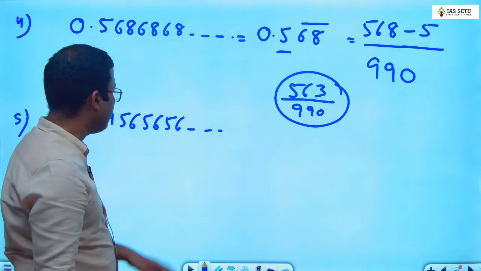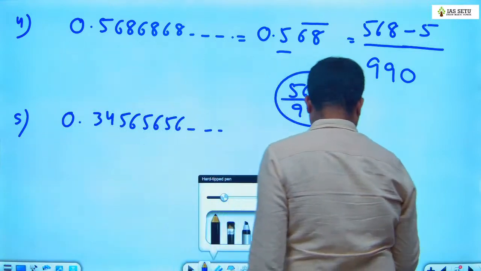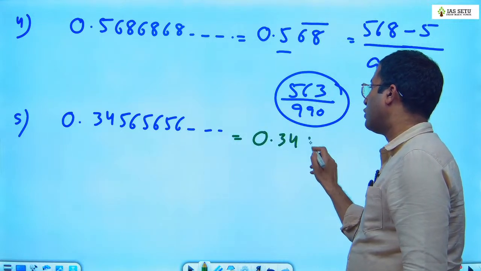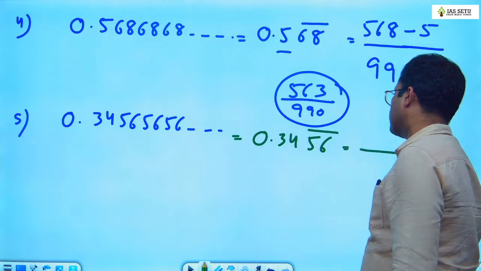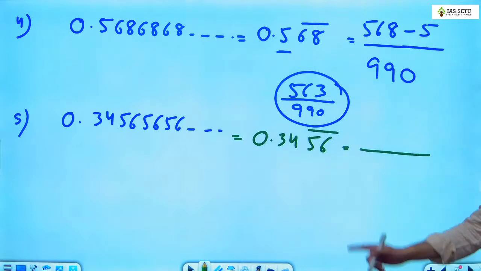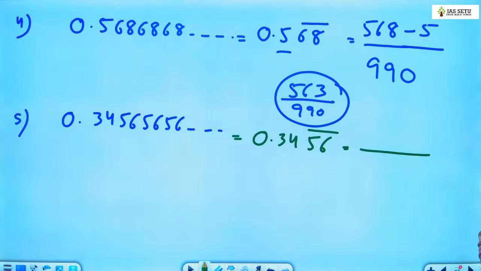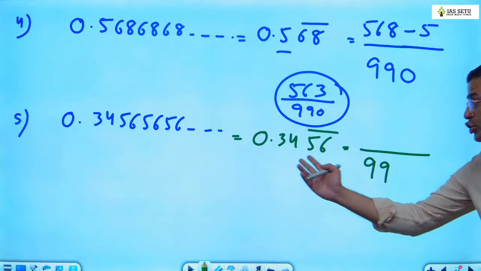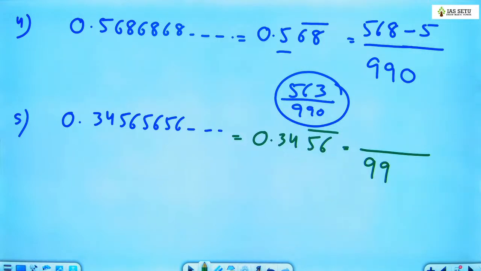I take one more example. Here it is 0.34 bar on 56. Here this 56 reoccurs again and again. So there are 2 digits under the bar, double 9. There are 2 digits between decimal and recurring part, double 0.